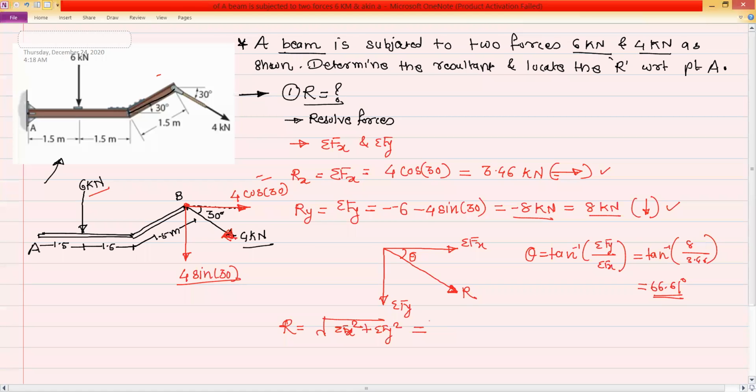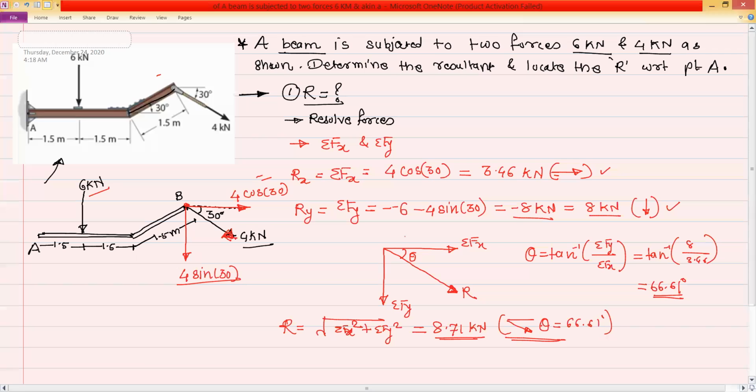So that is equal to 8.71 kilonewton. Okay, and its direction is in the fourth quadrant, such that theta is equal to 66.61 degree.